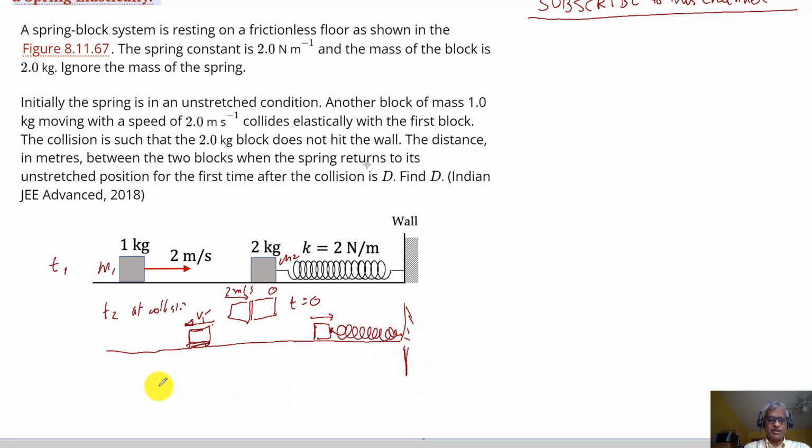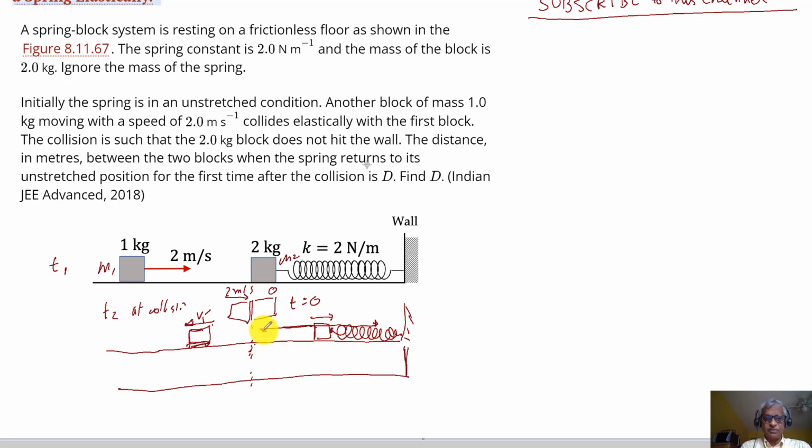We're supposed to find out, so this is kind of a reference place. This will go all the way somewhere here and then return.